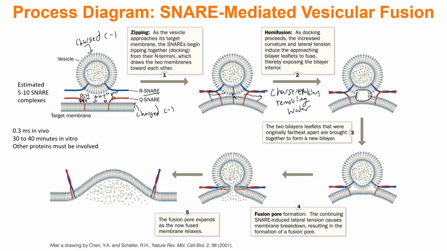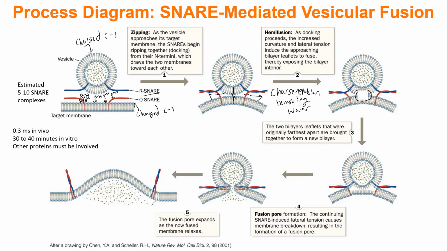Here, this is delivering proteins or molecules that are supposed to go to the outside of the cell. We have now delivered our molecules to the outside of the cell, and we just have one continuous membrane. So that's what the SNAREs are really doing here. They are making sure our vesicle and our membrane come together and that they fuse.